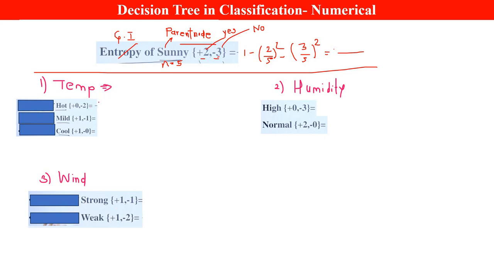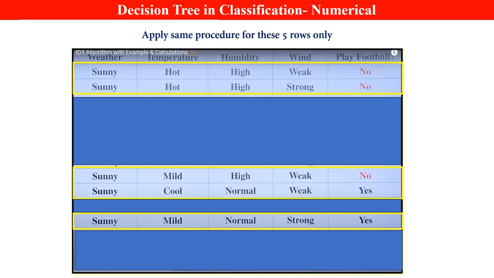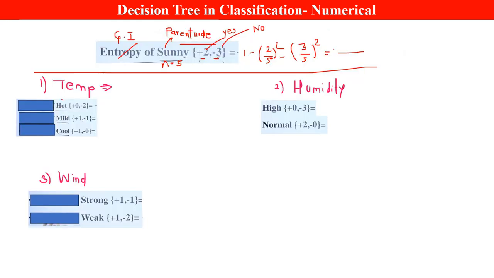Now for the temperature: hot, mild and cool. Hot is coming 2 times, mild is coming 2 times, and cool is coming 1 time. In hot, yes is 0 times, so we don't take yes, we take no. No is coming 2 times, so 1 minus 2 by 2 square, which is 0.